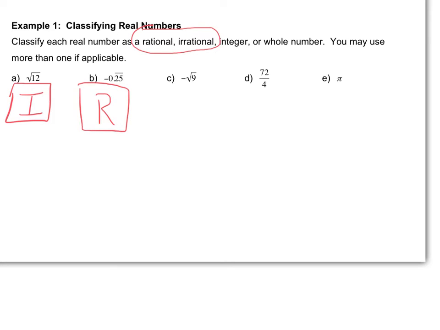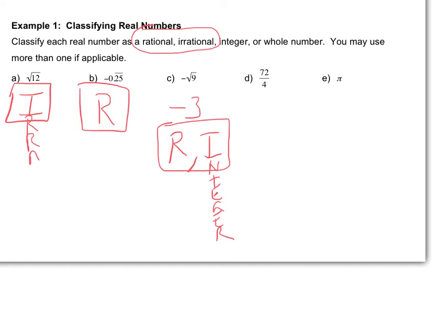The next number, if I take the negative square root of 9, is negative 3. Negative 3 is definitely rational. It's also an integer, but it's not a whole number, because remember the whole numbers would be our positives. Just keep in mind this is an integer, whereas this is irrational.